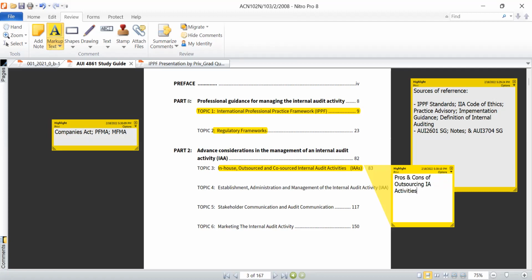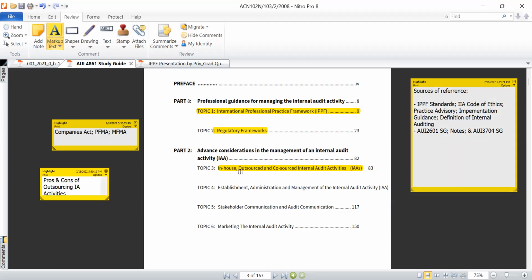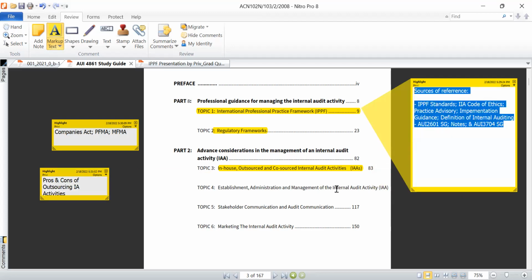So these are some of the things you're going to come across in topic number 3. I don't want to dwell too much in giving detail on the rest of the other topics, but the one I want to dwell a lot on for today is topic 1.